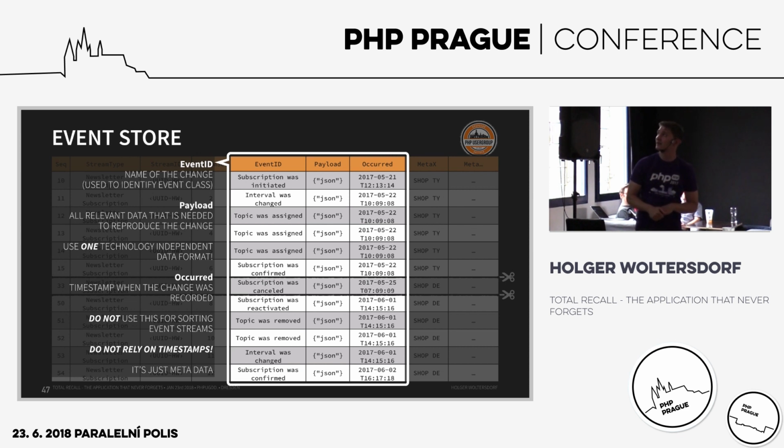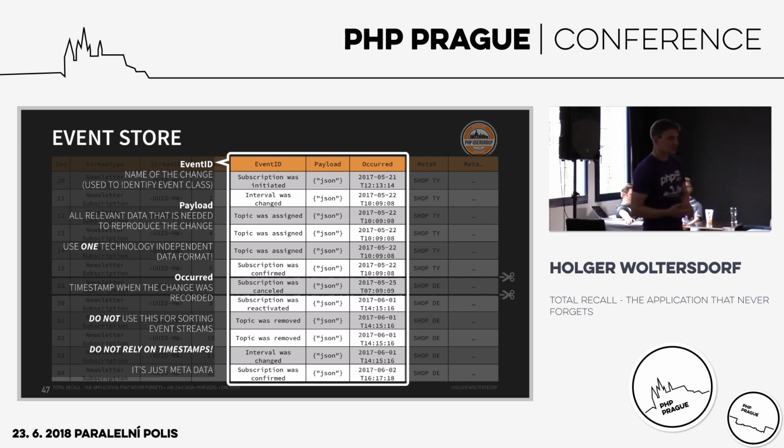Then we have an event ID. Event ID is nothing more than a simple sentence. It could be plain text. That is the name of the change that you did to your application. We have the payload. The payload is the actual data that you changed.